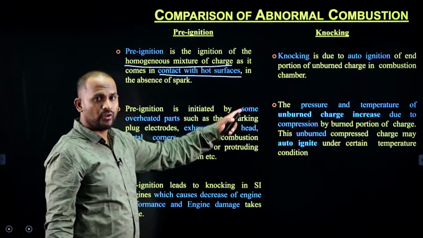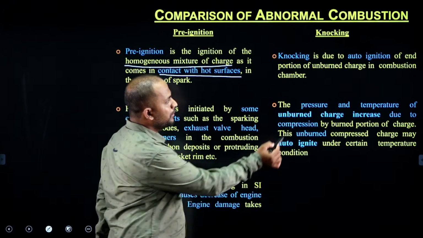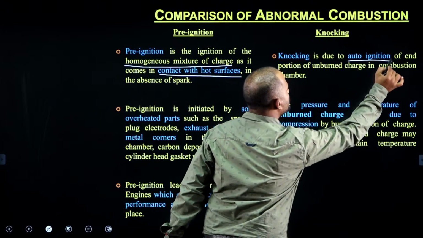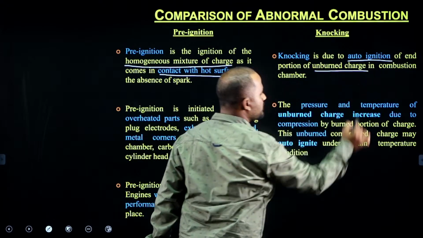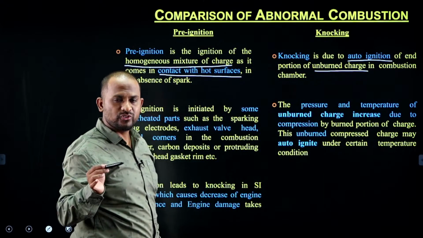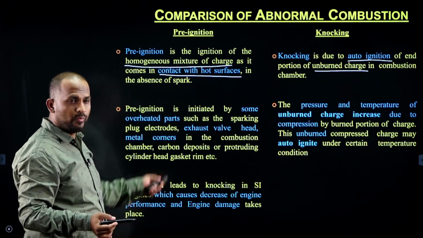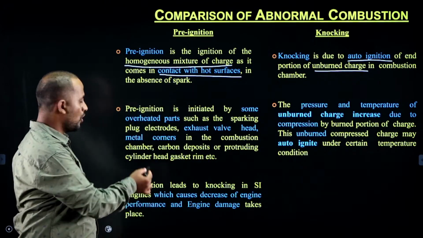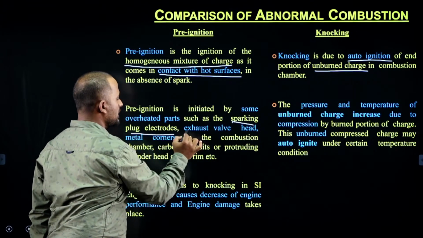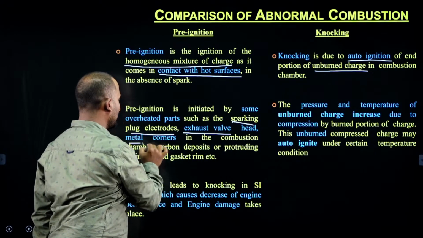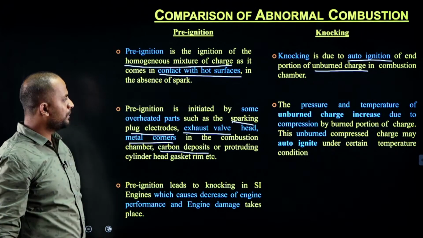Whereas in the case of knocking, the knocking happens because of the auto-ignition of the unburned charge present in the combustion chamber during the combustion process. Now what are these hot surfaces here? Hot surfaces are nothing but the spark plug electrodes, exhaust valves and the metal corners, and also the carbon deposits lead to the pre-ignition.